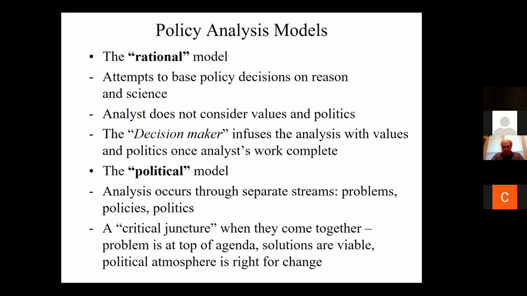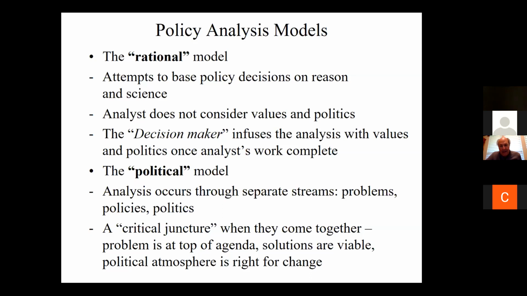Or you could take the political model and recognizing that you may have certain values and certain judgments or politics that you are bringing to the process.